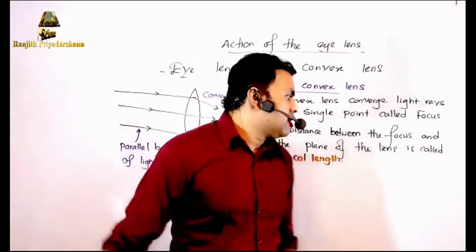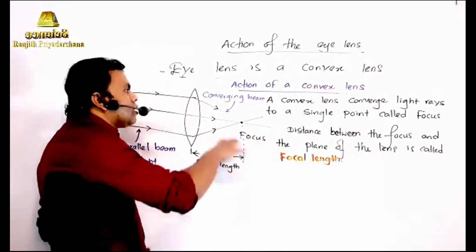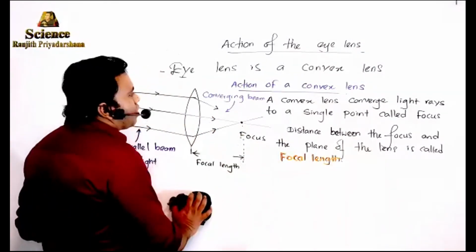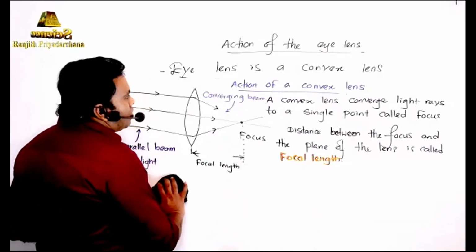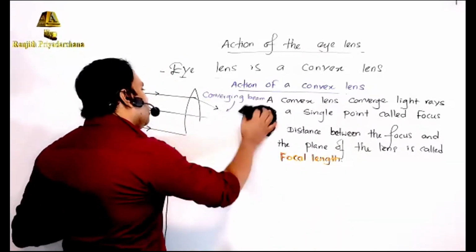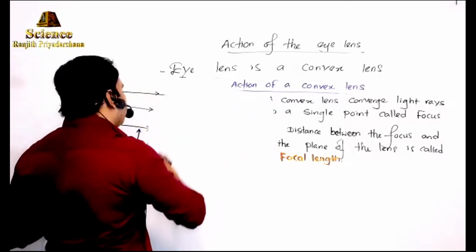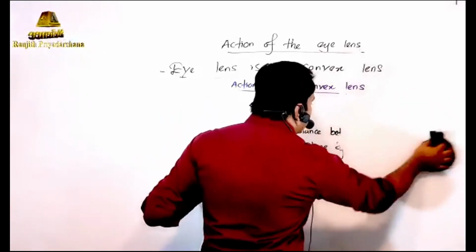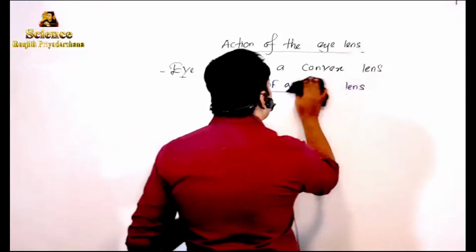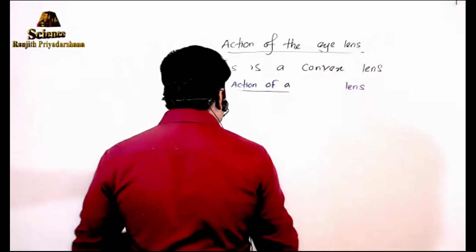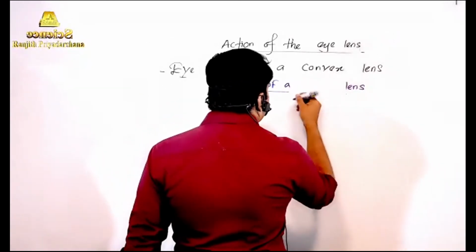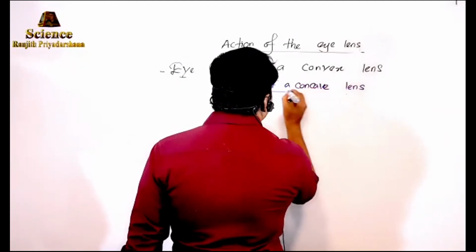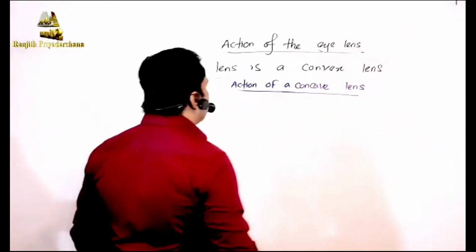Right? Okay, now look at this. So this is how a convex lens works. Okay, next, let's see how a concave lens works. Action of a concave lens.